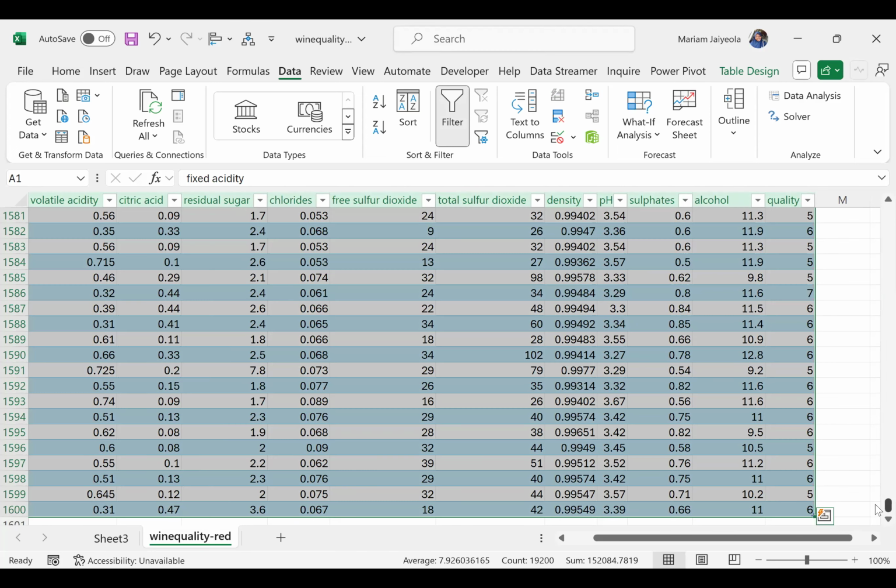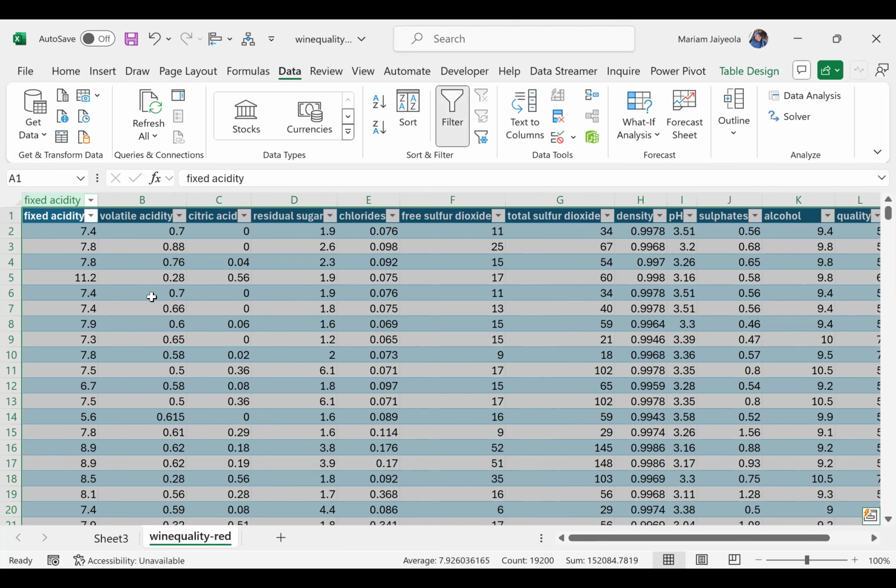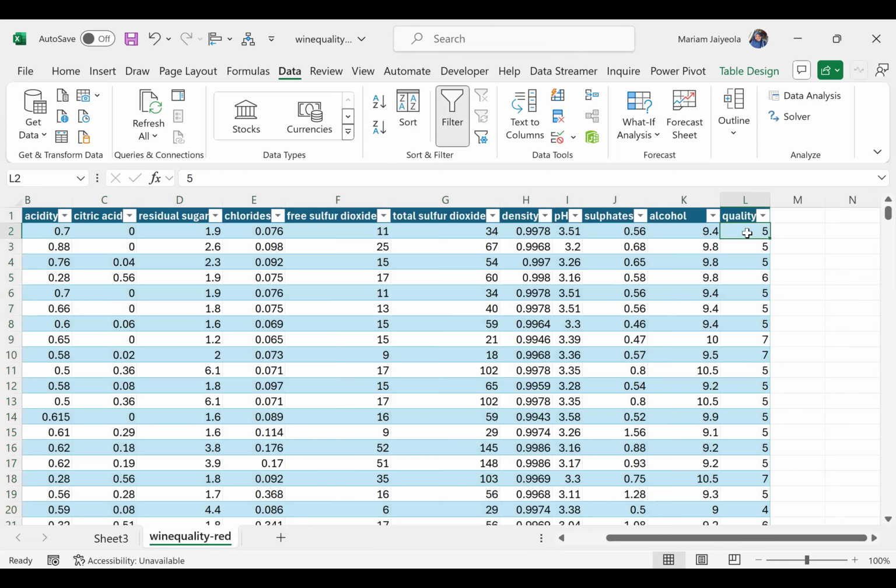We have different variables there, such as acidity, sugar level, density, pH, and the quality of the wine. The quality of the wine right here is the outcome. The dependent variable is also called the outcome variable. It's what we are interested in, the main thing we are trying to draw our conclusions from.